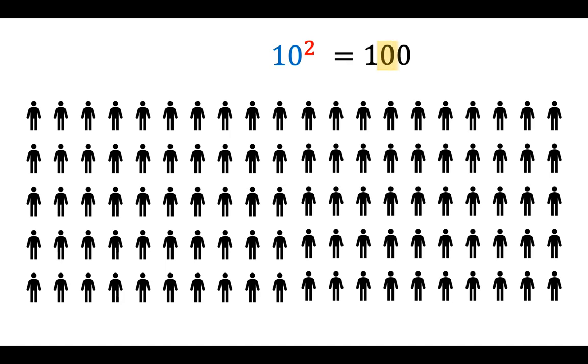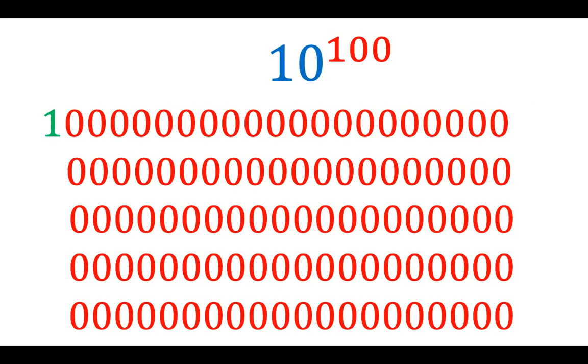Okay. 100 zeros, it's okay if we can't imagine it, because it actually turns out that this number is larger than the number of atoms in the observable universe. 100 zeros, 10 to the 100, or a Google.